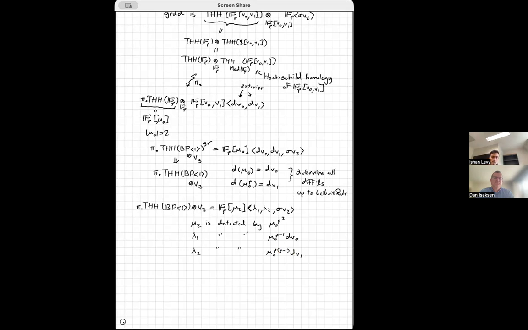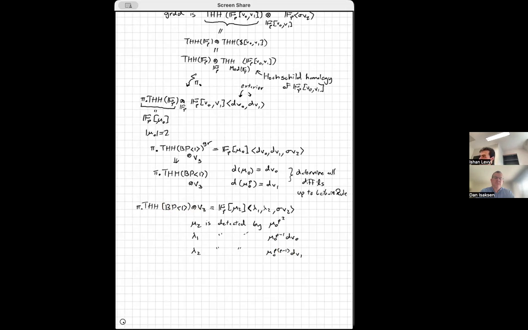Okay. So right, this is how you'd compute the homotopy groups of this THH. You'd run the spectral sequence. That's one way to do it. That's the simplest way I know of, really.